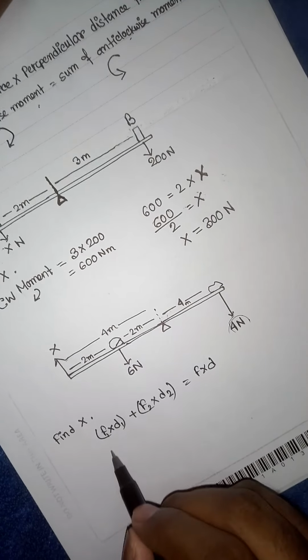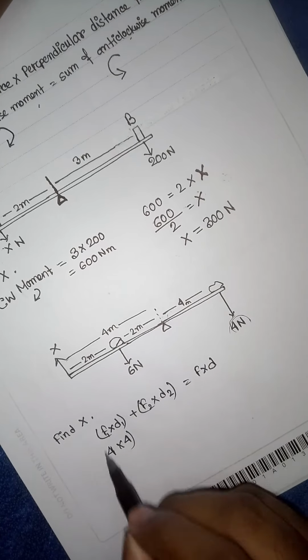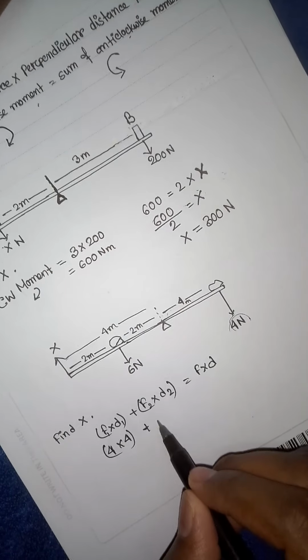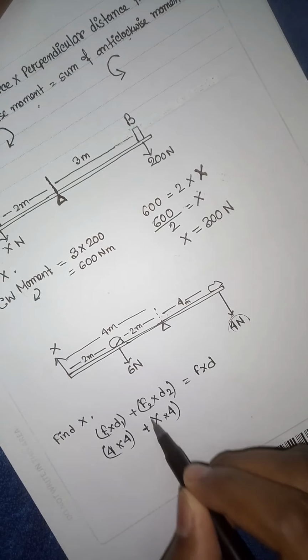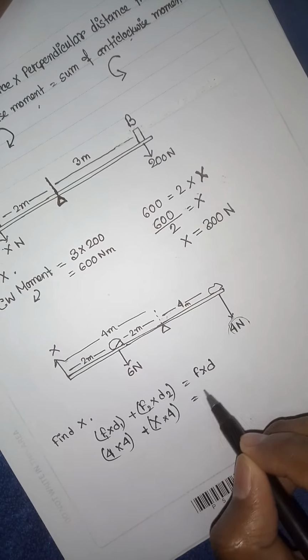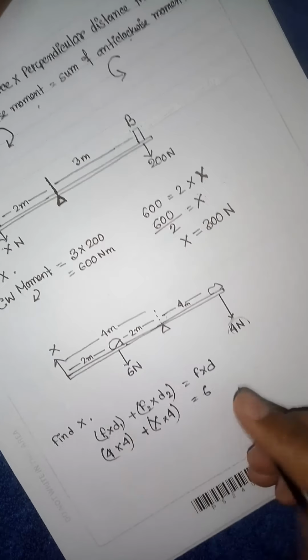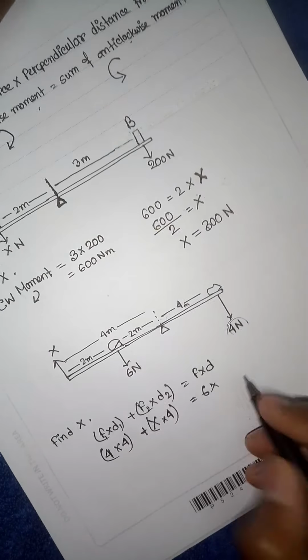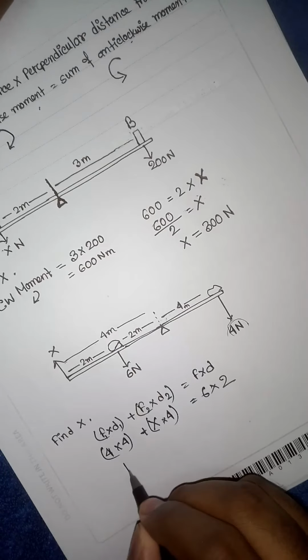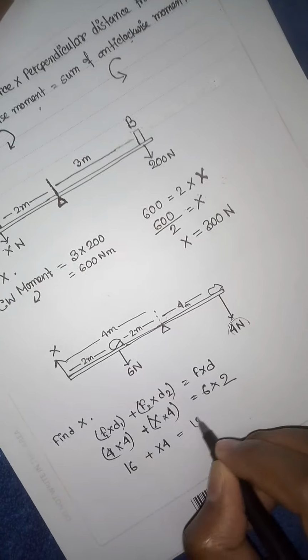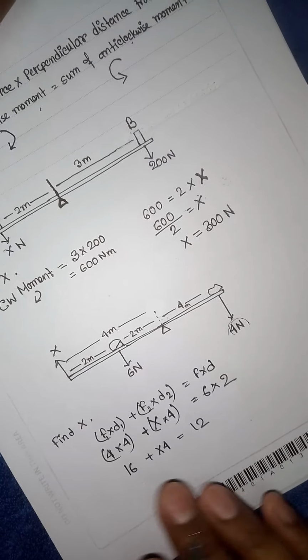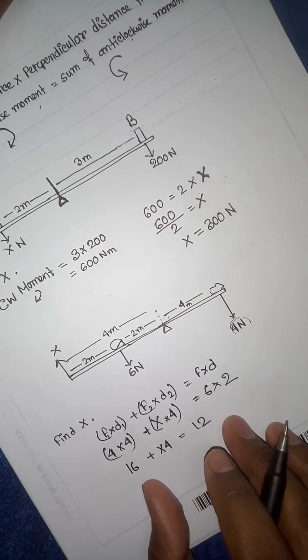The first force is 4 Newton multiplied by 4 meters plus the second force x multiplied by 4 meters. The force here is 6 Newton, acting at a distance of 2 meters. So 16 plus 4x equals 12.